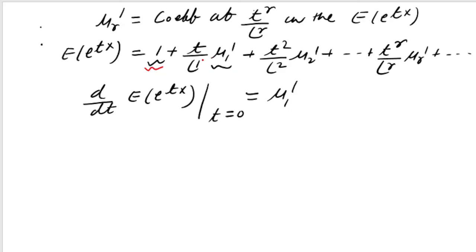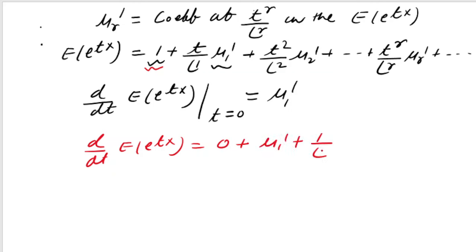Means if you differentiate it once with respect to t, let me write, otherwise you will get confused. Suppose I write d by dt of expectation of e to the power tx. So what I will get? I will get 0 plus mu 1 dash plus 1 by factorial 2 and 2t into mu 2 dash, and so on. This is the general term.